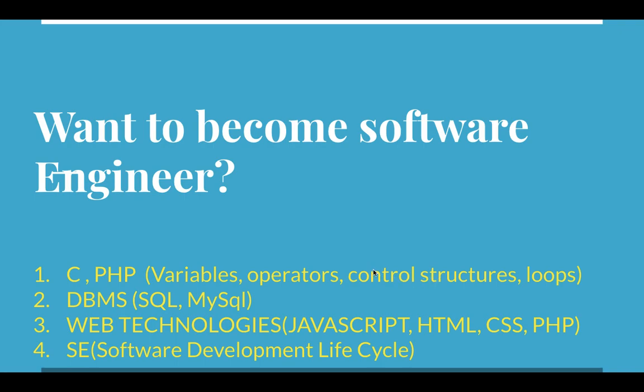To understand these basic things, you need to have knowledge of C programming or PHP programming or whatever programming language is preferable. You select one programming language and you can Google or check on YouTube for those tutorials. So you get those basics right, then it will be a good first step towards the software engineering course.